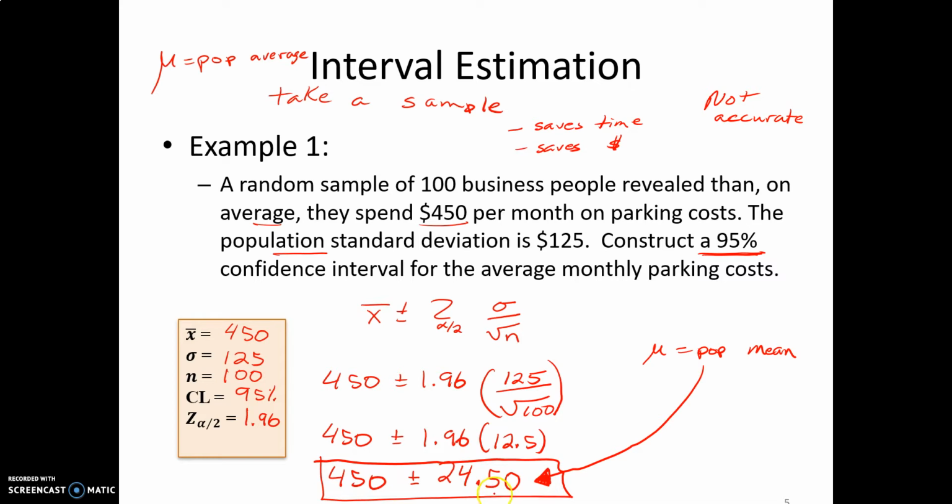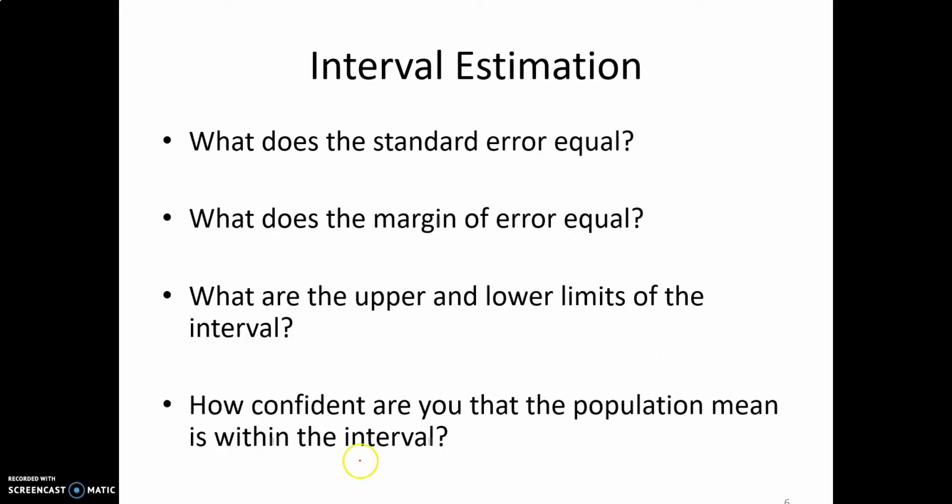With this interval estimation, we can answer a couple questions. Remember the standard error? The standard error is this symbol here. The standard error equals the population standard deviation over the square root of our sample size. So this was 125 over the square root of 100. The standard error equals 12.5.